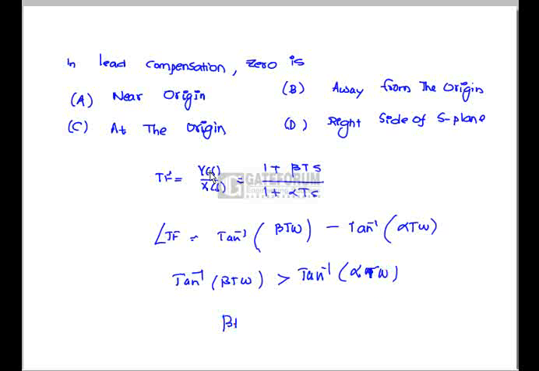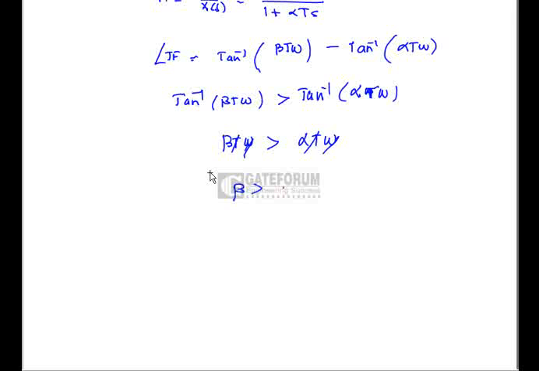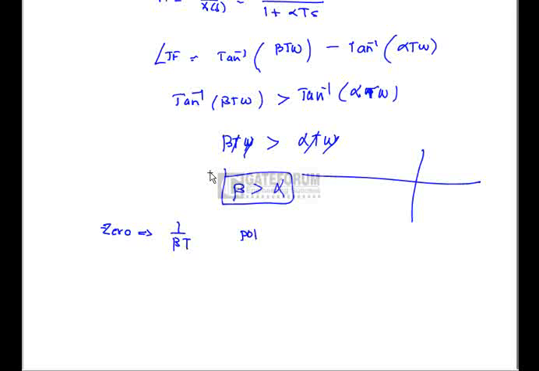So beta t omega greater than alpha t omega. So beta should be greater than alpha, meaning that here the zero is at 1 by beta t, whereas the pole is at 1 by alpha t.